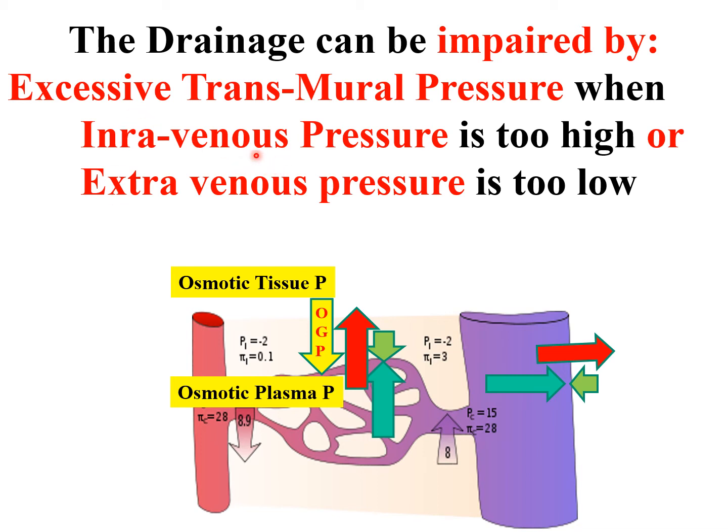The drainage can be impaired by the excessive transmural pressure when the intravenous pressure is too high or the extravenous pressure is too low. For example, if the intravenous pressure is too high at the microcirculation level, the extravenous pressure is not strong enough to drain.